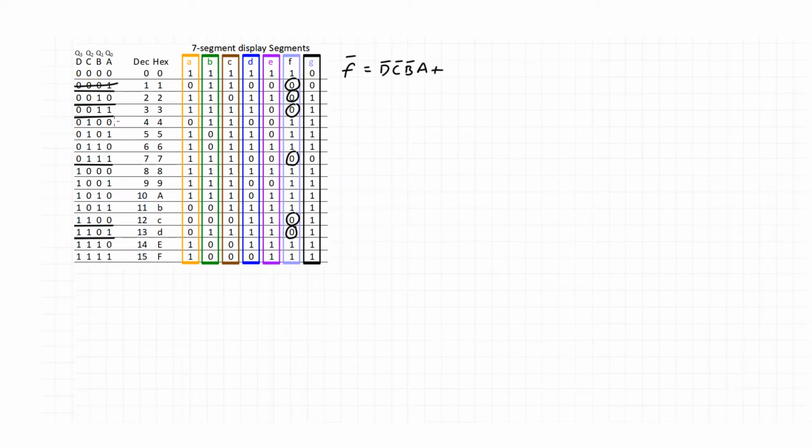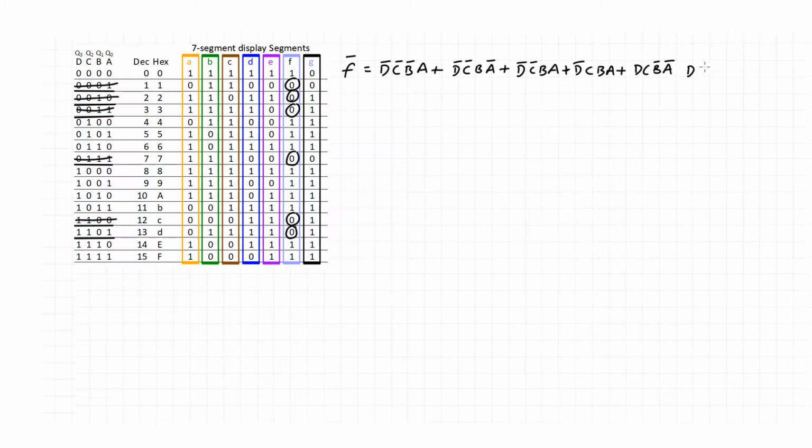I wish I'd crossed them off earlier to make it so much easier to keep count of where I am. Cross that one off. Then not D, not C, BA. Or not D, CBA.